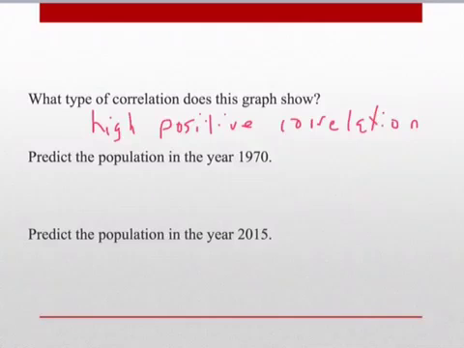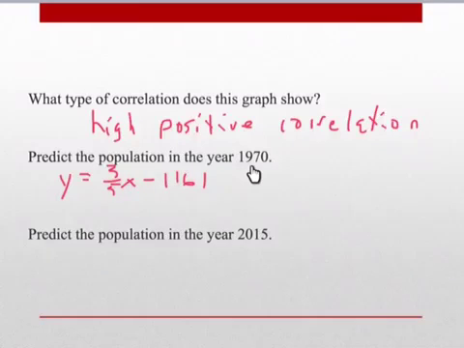Alright, it wants us to predict the population in the year 1970. If you look at your graph, the x-axis stood for the year and the y-axis stood for the amount of population. So we want to take the equation we came up with and find out what y is when we are in the year 1970. We want to take x and replace it with 1970.